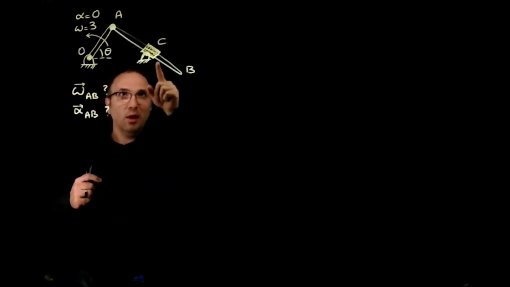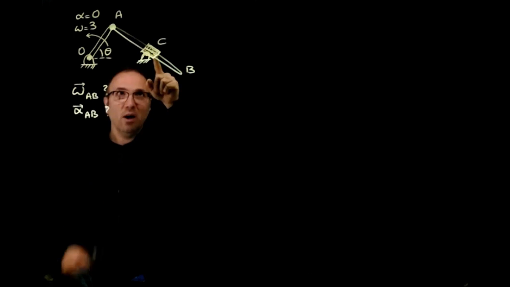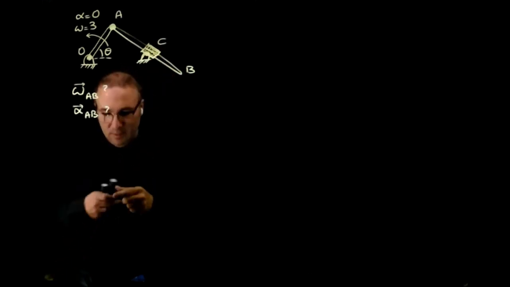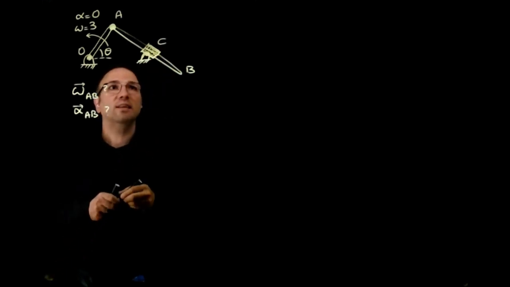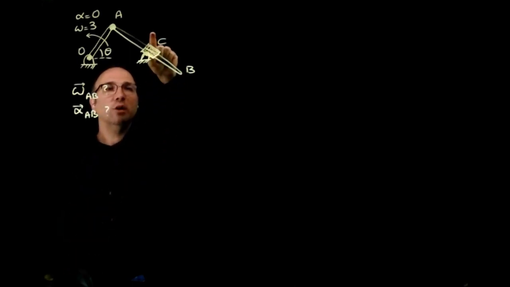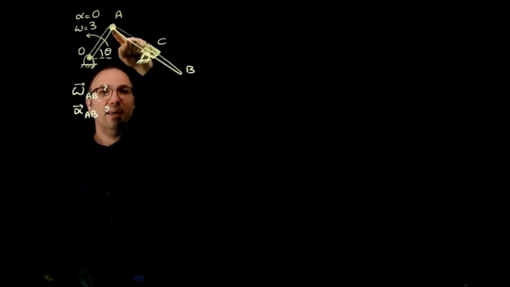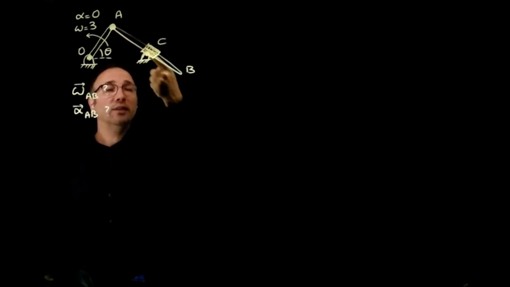We can think of a coordinate system that is attached to C. Let's say it is welded to C. Then that coordinate system that rotates with C sees A going just along a constant line.